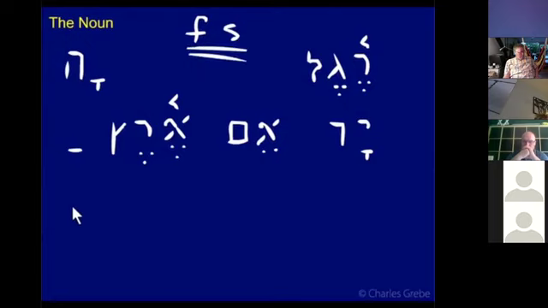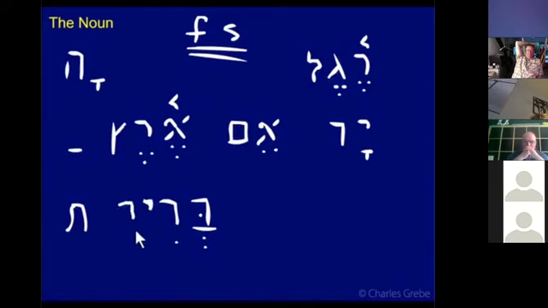And the third possibility is the tav. Now that shouldn't be surprising. Remember, the ah changed to at. Well, sometimes you can just have feminine words that end with tav. An example of that would be berit, with a yud, and berit means covenant.